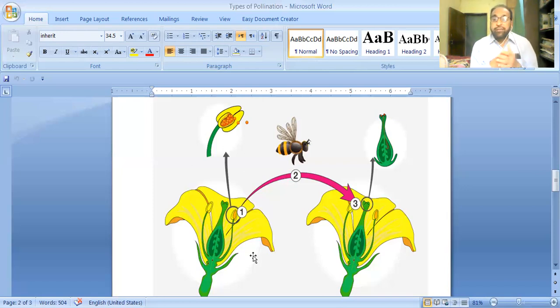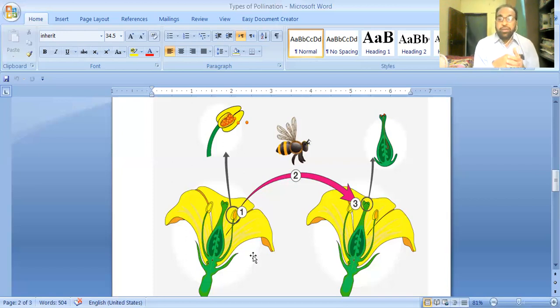The most common examples of this are sunflower and China rose. Second one is, in some flowers, gynoecium matures first. So it is called protogyny. The gynoecium matures first, and that gynoecium is ready to receive pollen grain.